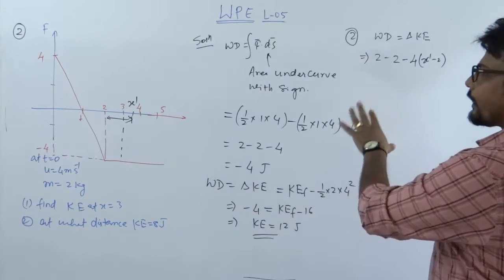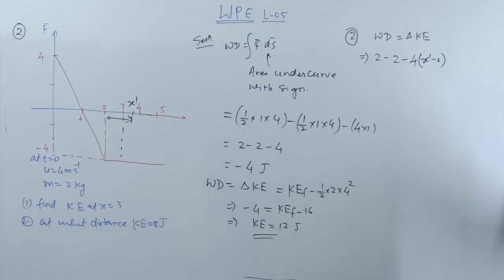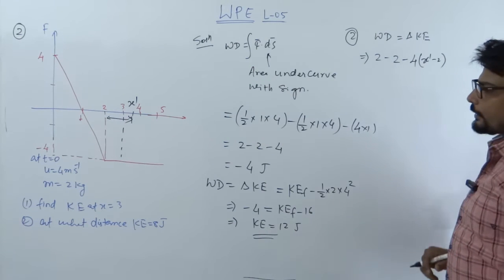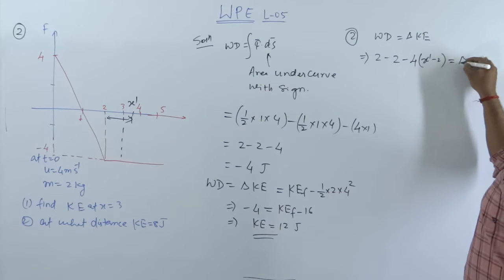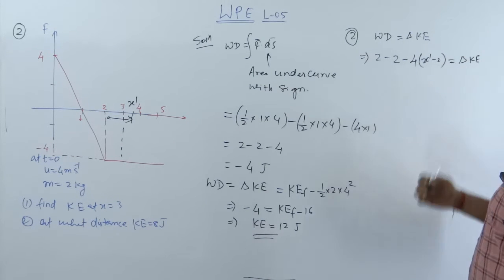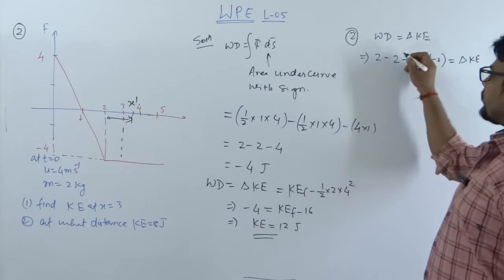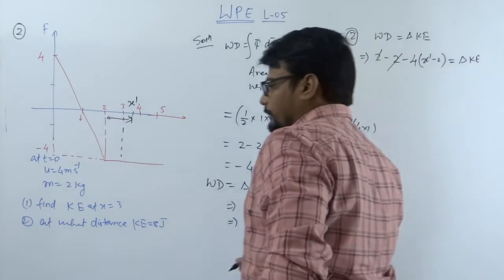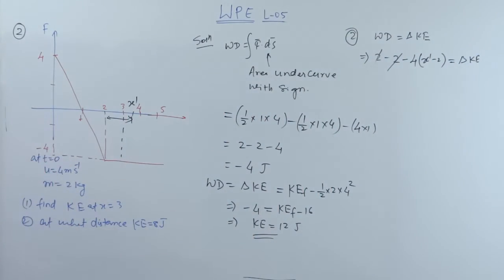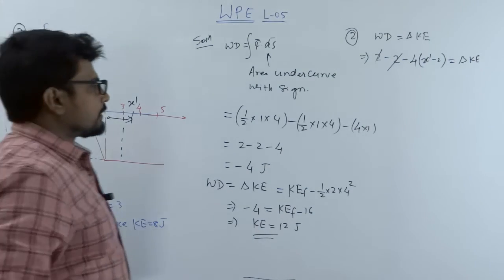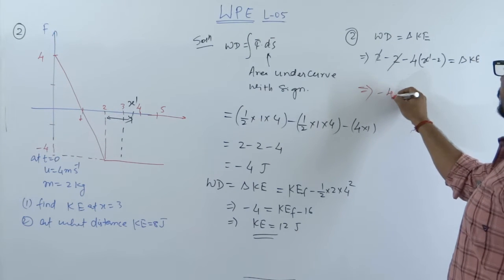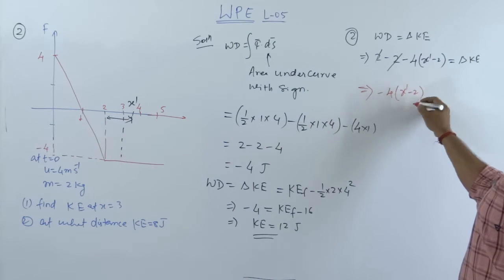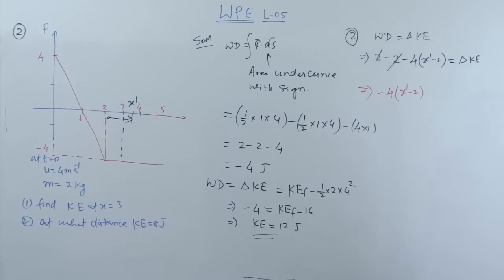So this is the net work done, and we know that at this point the kinetic energy is 8 joule, that's what they are saying. So this is the change in the kinetic energy as per this rule. Let me use a different color, otherwise it will get mixed up. Pay attention. So the net work done is -4 times (x dash - 2), and that should be equal to the change in kinetic energy.